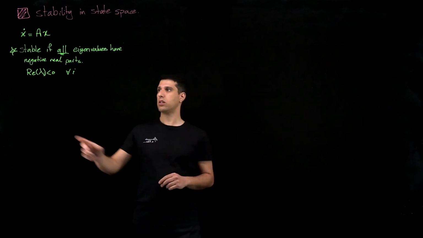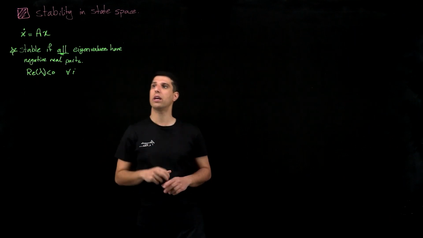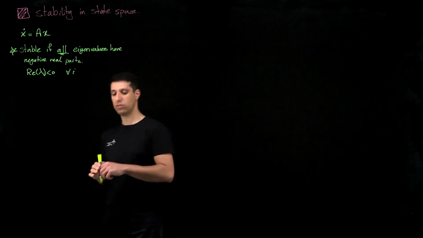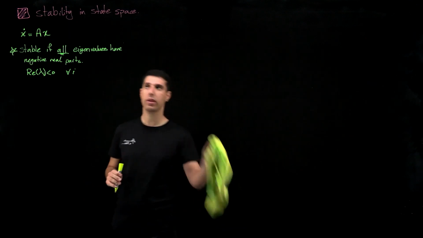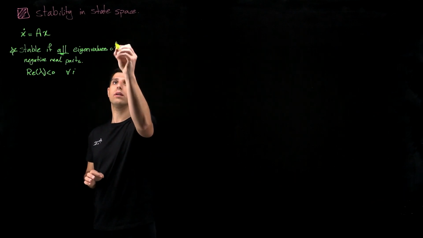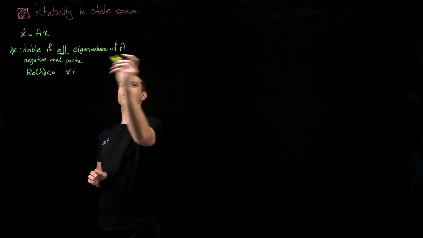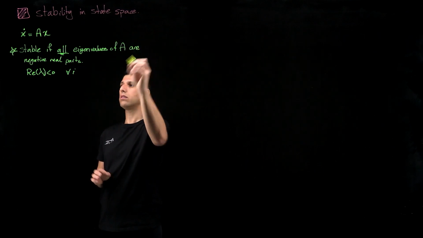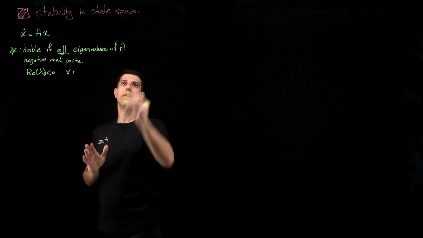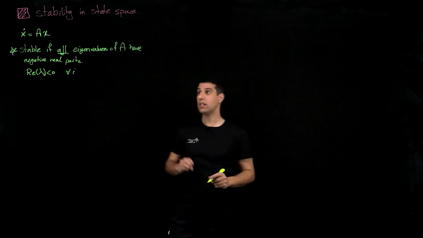One of the definitions of stability: this system is stable if all eigenvalues of A have negative real part.